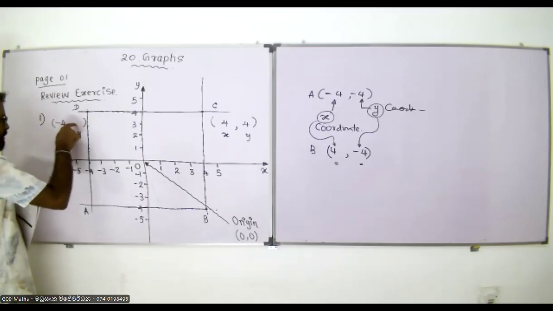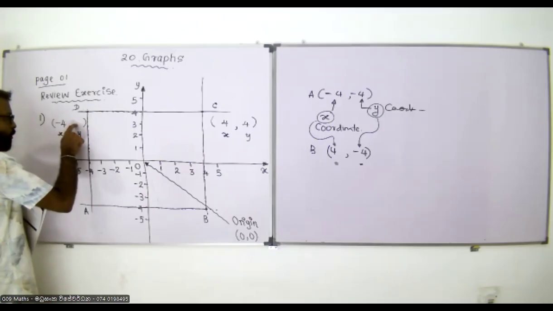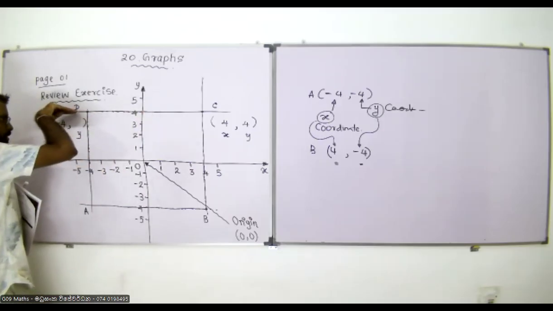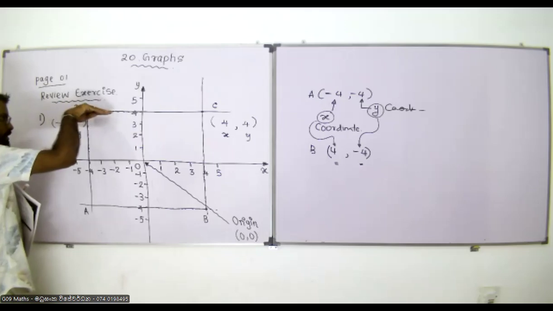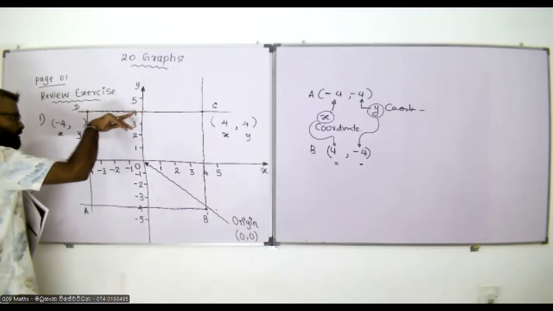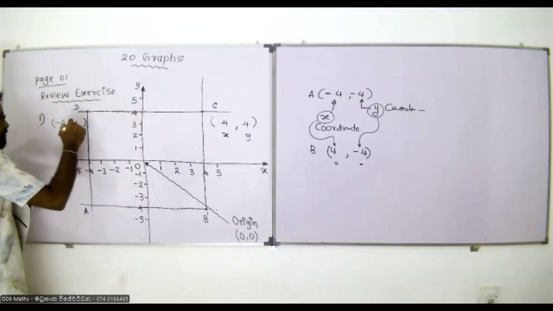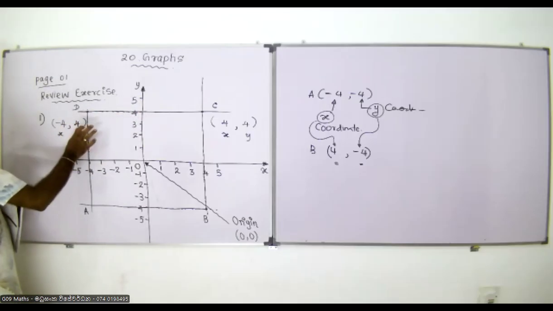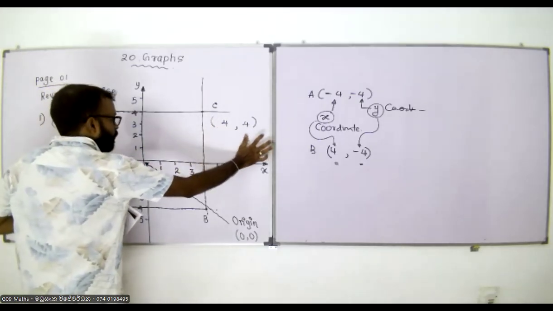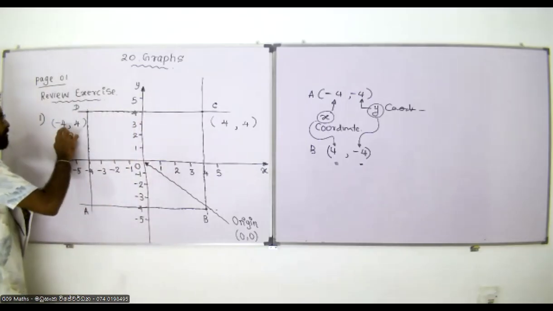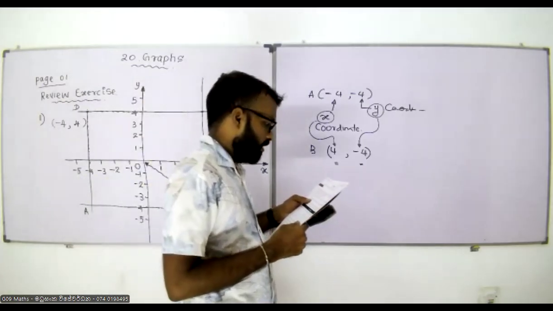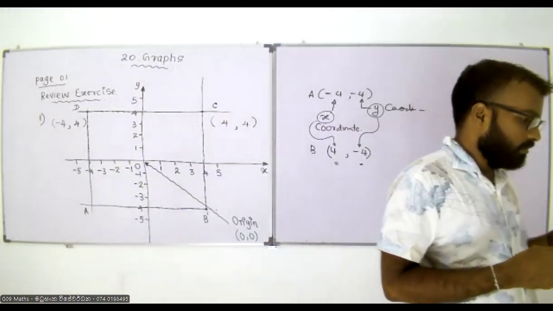Then for y, go horizontally to the right until you meet the y-axis. That is positive 4. So C is (4, 4) and D is (-4, 4). Those are the things asked in the first problem.